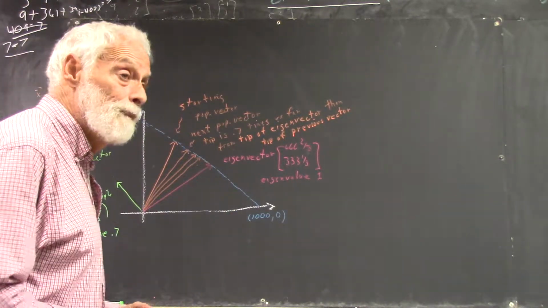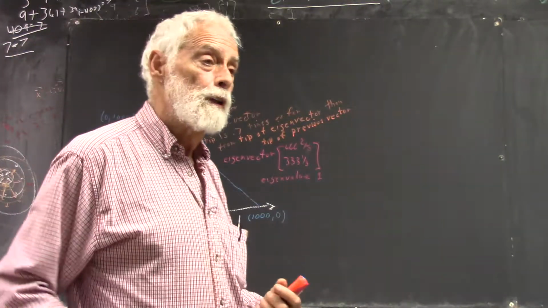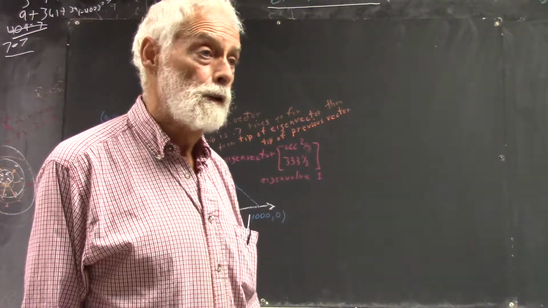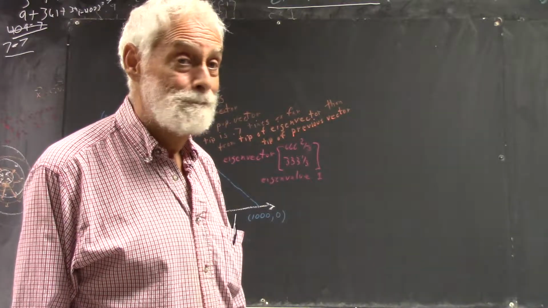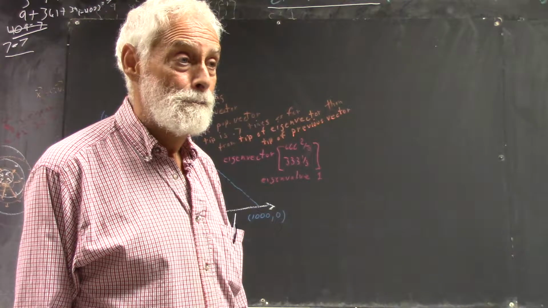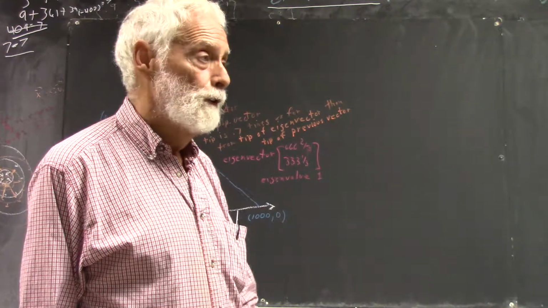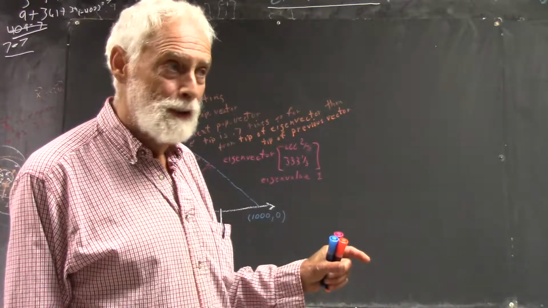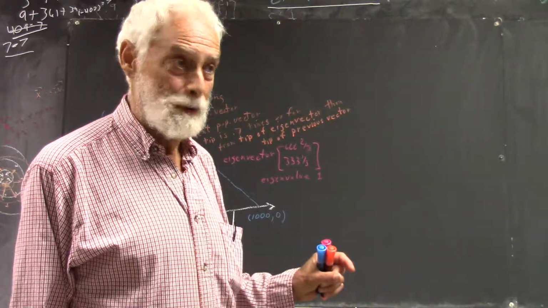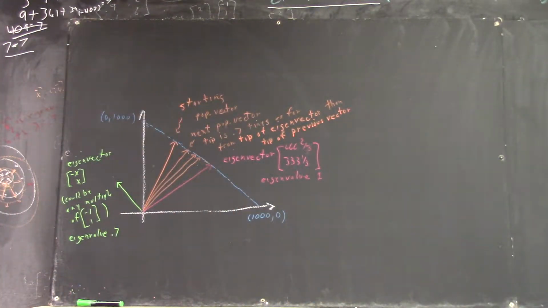Wait, I thought we were doing 70%. Where did we get 30? Well, if you go 70% of the distance, then you're 30% closer, right? So then why do we keep repeating 30% of each one? Because if we go 30% of the distance, we're at 70%. Like here I am standing here.